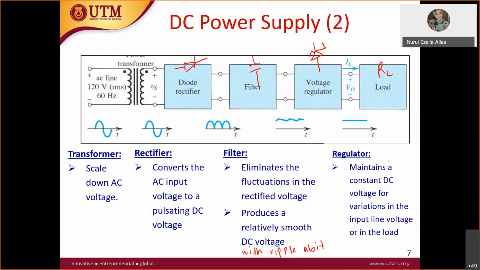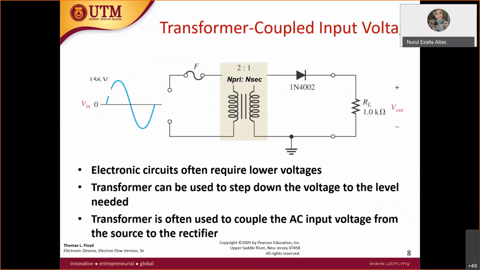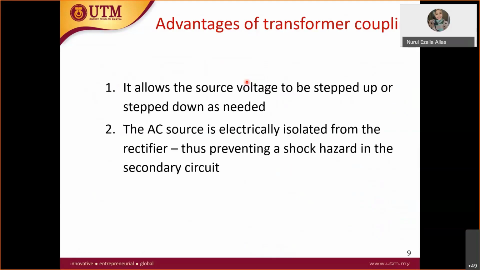So this is the transformer coupled input, and this is how it looks like. Like I said just now, a ratio of 2 to 1 means this example is a step down transformer. Let's take a look at the advantages. It allows the source voltage to be stepped up or stepped down.